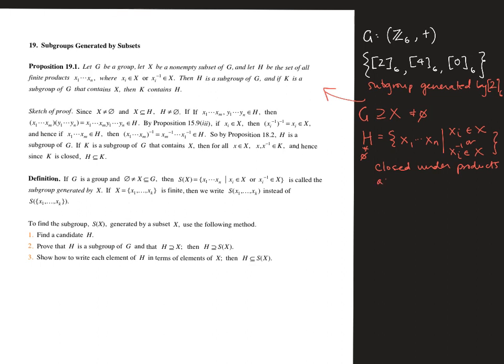It's going to be associative because G was associative, and this is a subset of G. It's going to have the identity E in there because if I have x in X, that implies that x inverse is in H, and so is x. And that means that it's closed under products, so x times x inverse will be the identity. And then our property that says if you have an element in H or in X, then you're going to throw it and its inverse into H gives us closed under inverses. And so we do have a group.